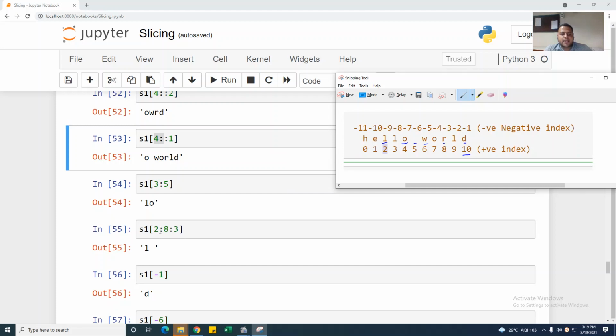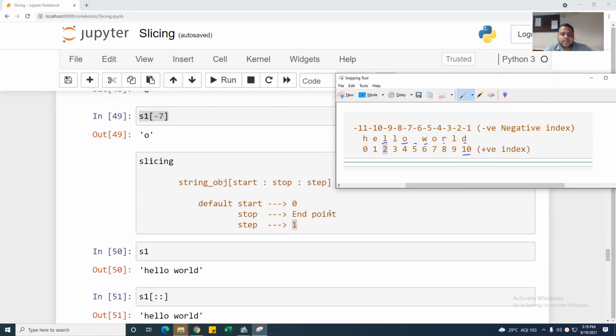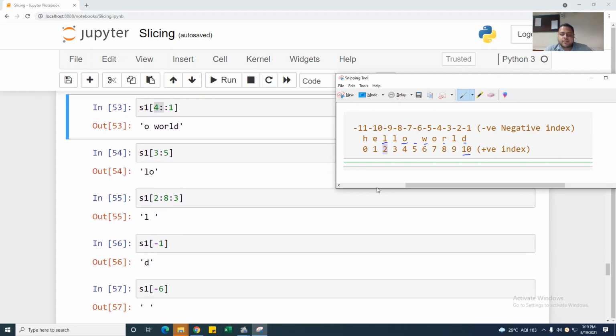Again, I am taking s1 of 2, 8, and 3. So my starting point is 2, ending point is 8, and step is 3. Remember, step is 3. Starting point is 2, so it is L, again L. My step is 3: 1, 2, and 3. So this contains this space, right? So that space is over here, and the ending is 8.